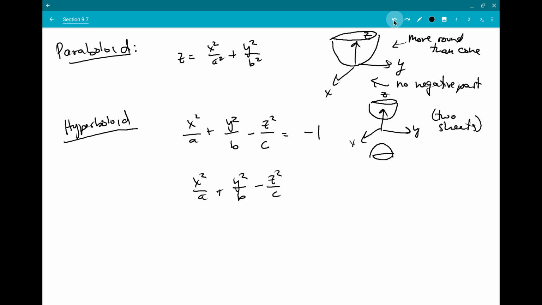Oops, forgot my equal sign there. Sorry about that. And then if we have the exact same equation, but now it's just equal to plus 1, then we don't lose that middle region. And it's going to be like this, kind of.